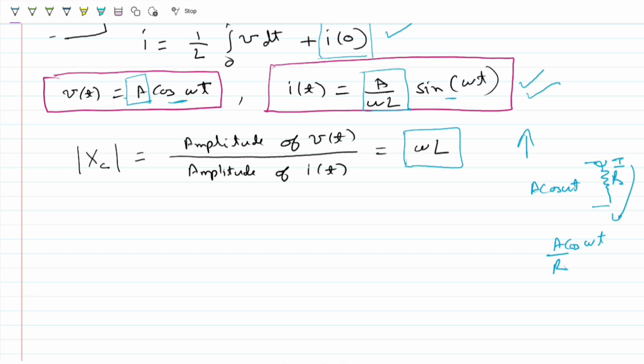The change of phase is 90 degrees, which says that the current is now lagging the voltage by 90 degrees.